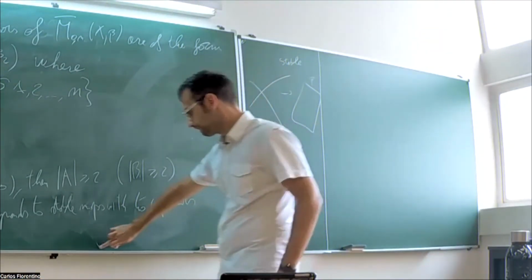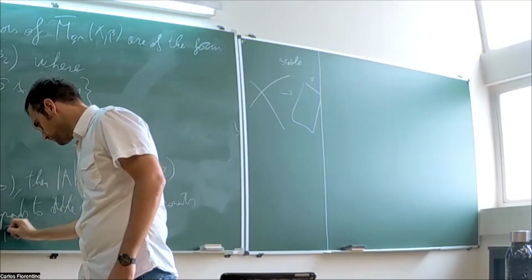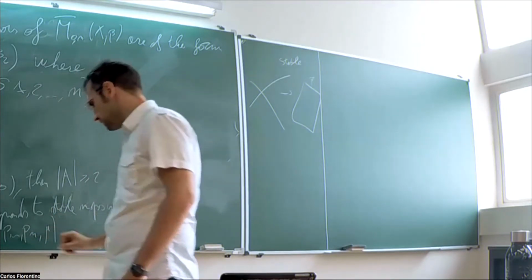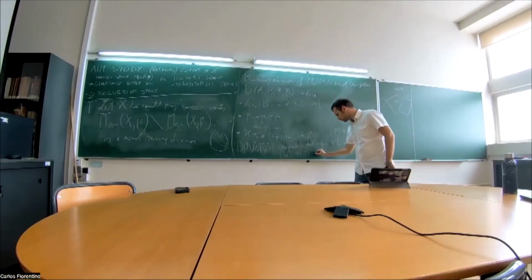Okay. So let's say C, P1, Pn, mu is our stable map. So C has two components.